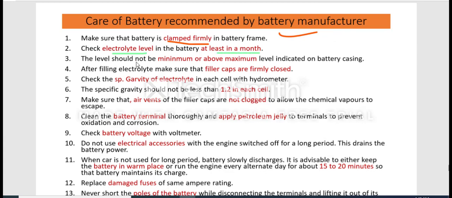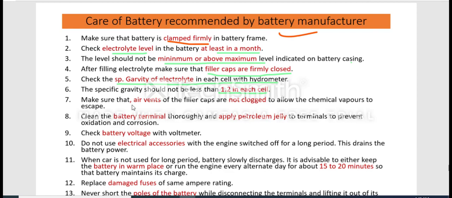The level should not be below minimum or above maximum level indicated on the battery casing. After filling electrolyte, make sure that filler caps are firmly closed. Then check the specific gravity of electrolyte in each cell with a hydrometer. The specific gravity should not be less than 1.2 in each cell.